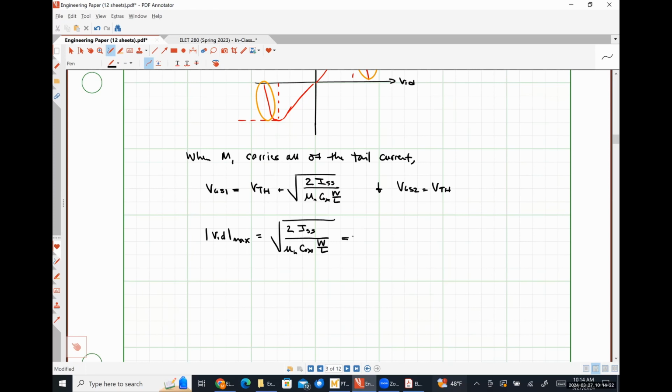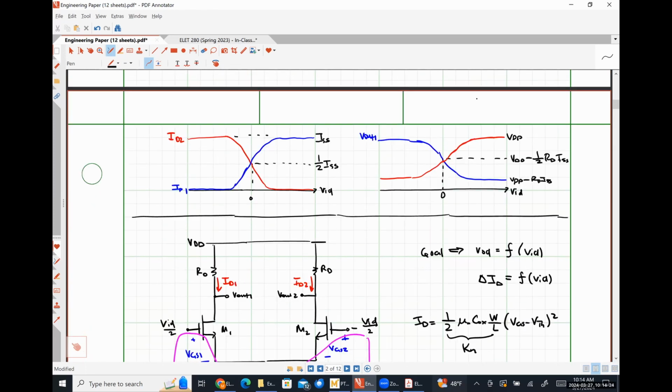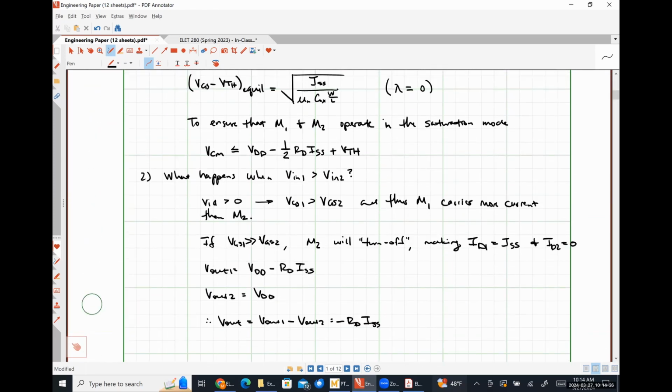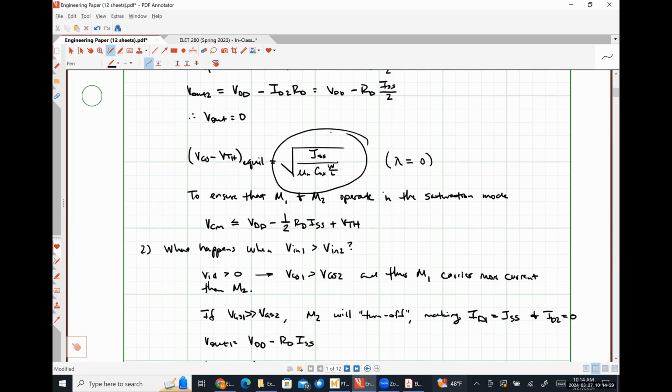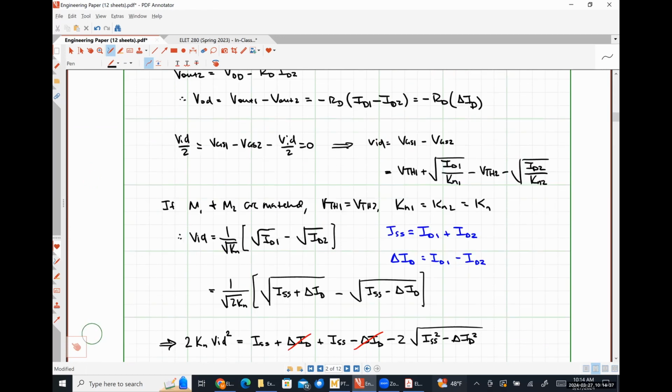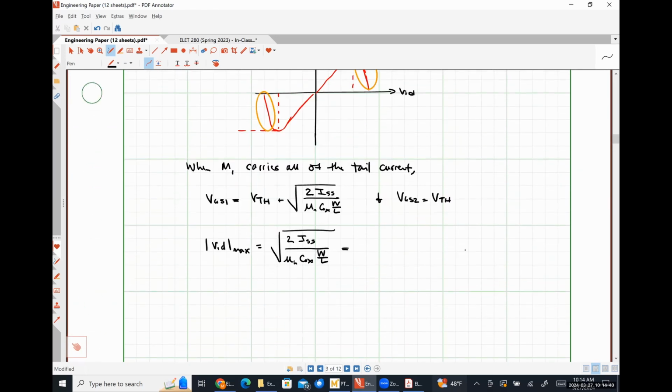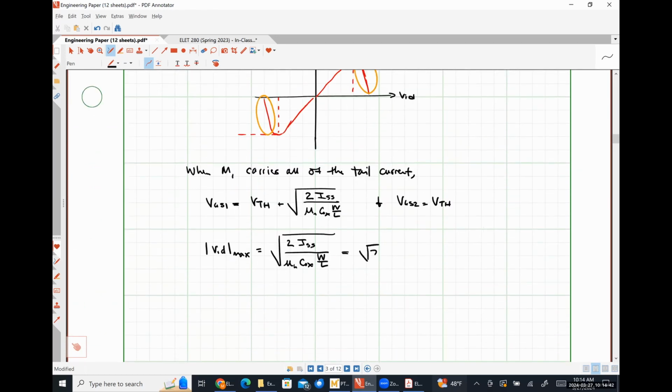And if we look back up here, that's literally just the square root of 2 times our equilibrium overdrive voltage.